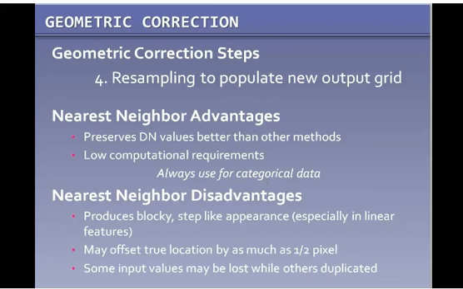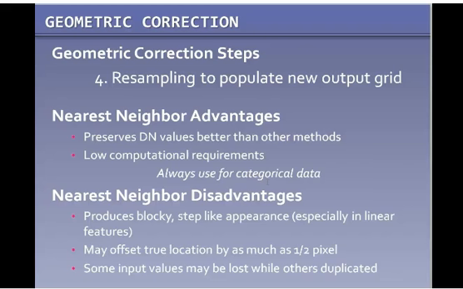But the disadvantages are that it really does make a more sort of blocky transform. And so you end up not seeing those nice smooth lines that you had in the original image, especially if those are linear objects. Also, because you're just grabbing the nearest pixel, which may not actually be representative of the same surface area on the ground that was covered, you can be off.